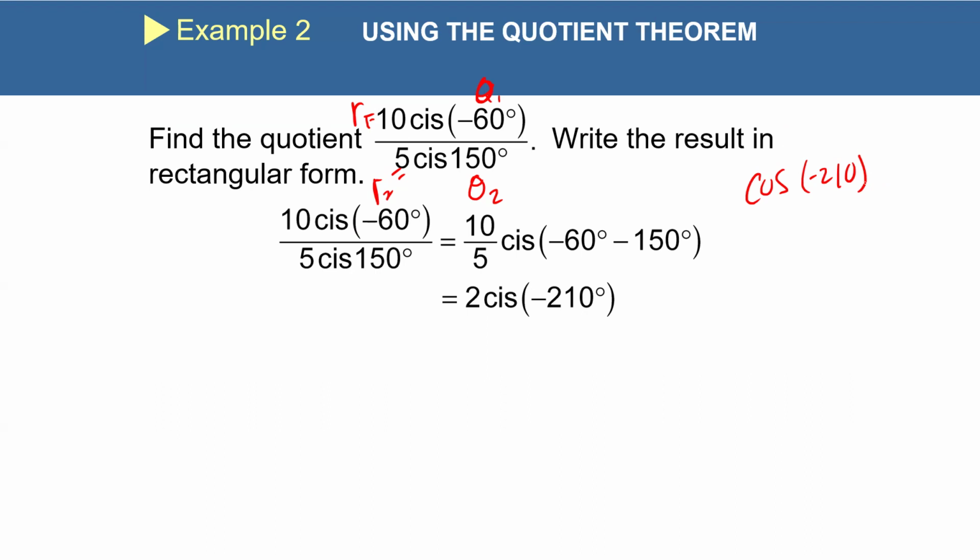It's 150. So if I'm looking for cosine of -210, it's the same thing as cosine of 150. So I need the cosine of 150 and the sine of 150. Does that make sense? So we found its coterminal. How do we find the coterminal? We add 360, correct?